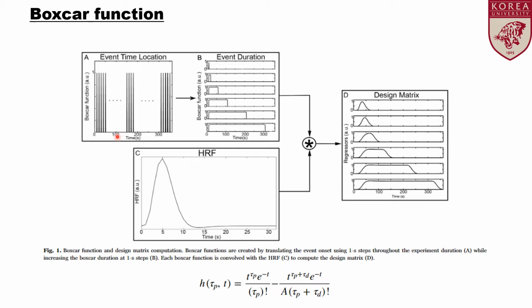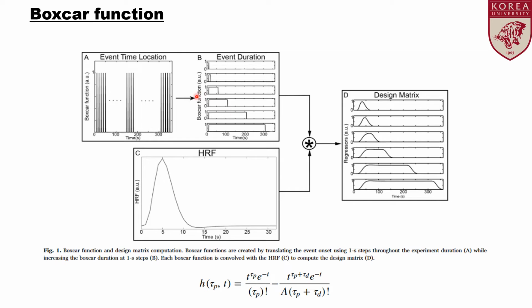And for each time location, they increased its duration with 1 second step either until the end of the experiment or until a maximum value that can be set by the user, as we can see in figure B.